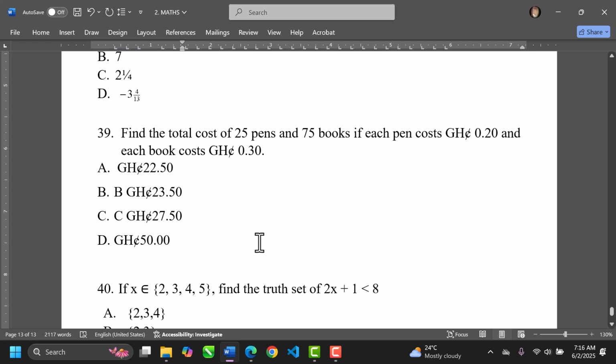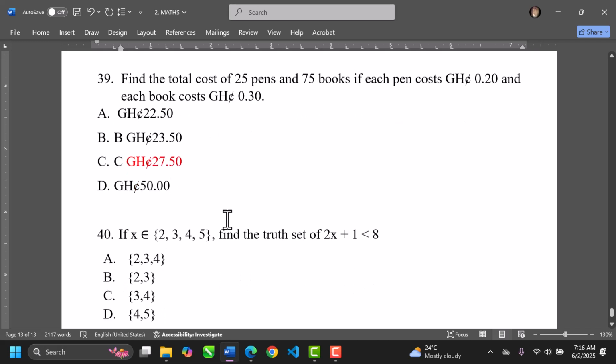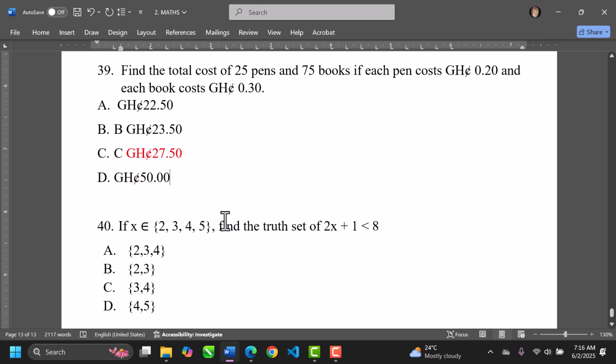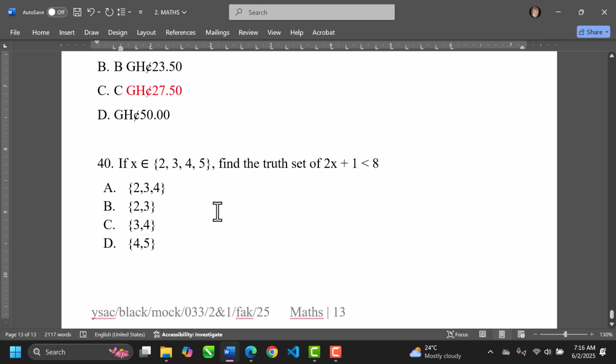And 39, the answer is C. Find the total cost of 25 pens and 75 books. If each pen costs 0.20 and each book costs 0.30, what's going to be the total cost? You do the calculation and the multiplication here. And the last one, which is 40, the answer is D.